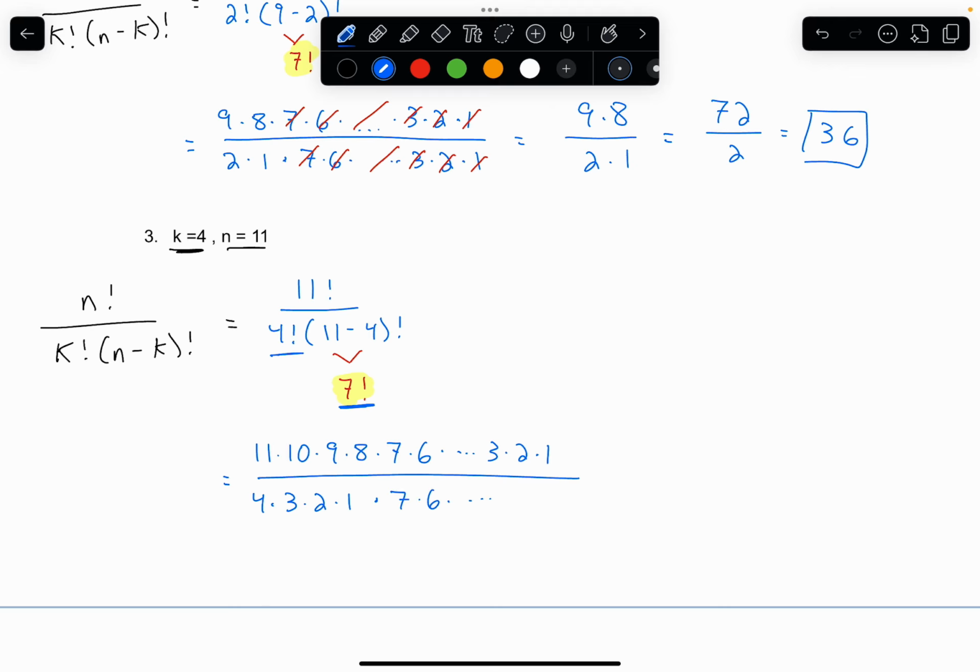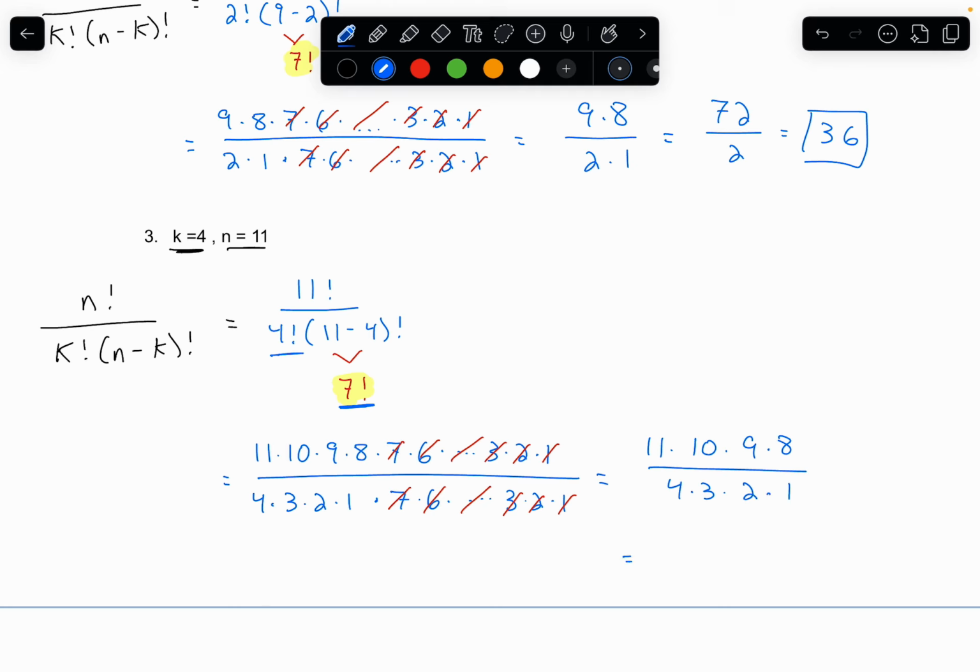I see 7 times 6 times, following the pattern from my numerator, 3 times 2 times 1. Again, I should have 7 in my numerator, 7 in my denominator. 6 in my numerator, 6 in my denominator. We cancel all these numbers out in the middle. 3, 2, 1. So I still have some multiplication to do, but it's a lot less than what I started with. In my numerator, I have 11 times 10 times 9 times 8. And in my denominator, I have 4 times 3 times 2 times 1.